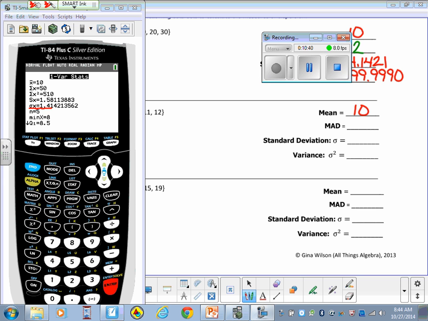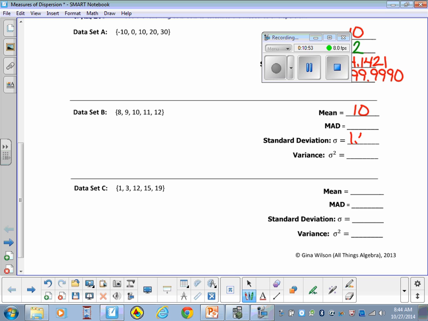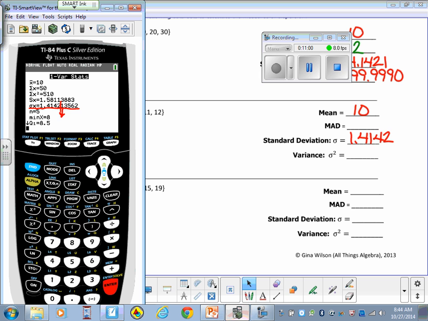So this is our standard deviation. We want 1, 2, 3, 4 place values. I look at the 1 and 1 makes me go down. So 1.4142. And now if I come back to my calculator, very easy to find that variance. 1.4142 squared.